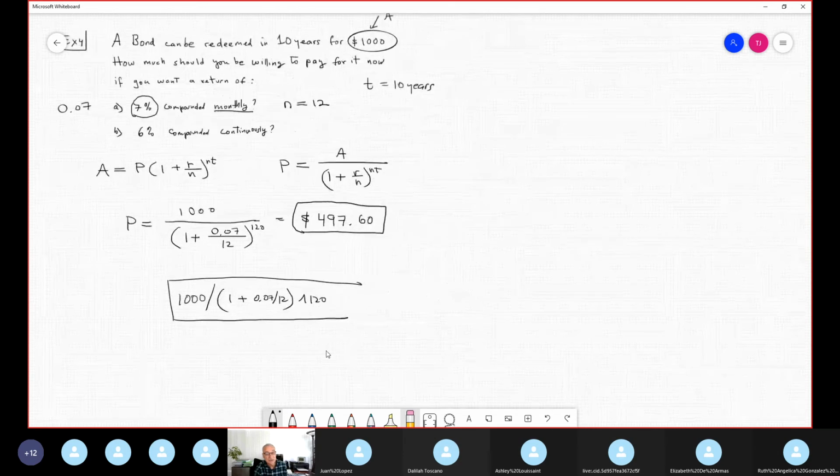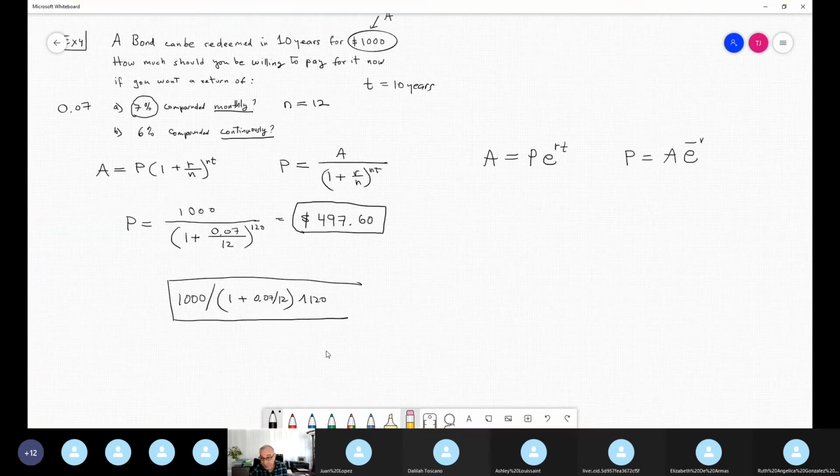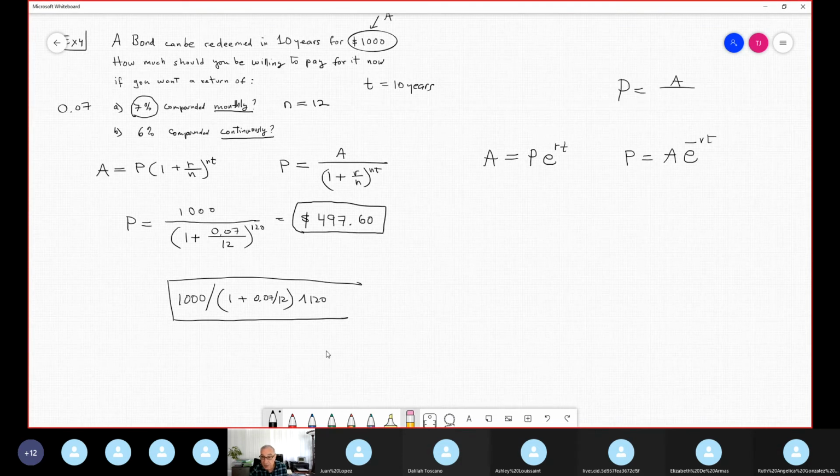The second option is different, it is continuous, and continuous has a different formula. What is the formula for the continuous? Well, future value is equal to present value times e to the RT. If you want to compute the present, it is future value times the exponential negative, que es reciprocal. By the way, it's equivalent to say P is equal to A divided by e to the RT.